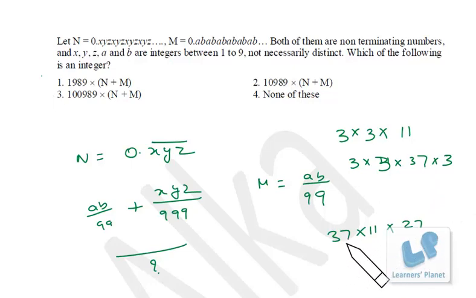We should be getting a big number, we cannot get a very small number. So precisely it is 37 into 297, something around 37 into 300, so around 10,000 to 11,000. So this will be the correct choice. I hope this question is clear.